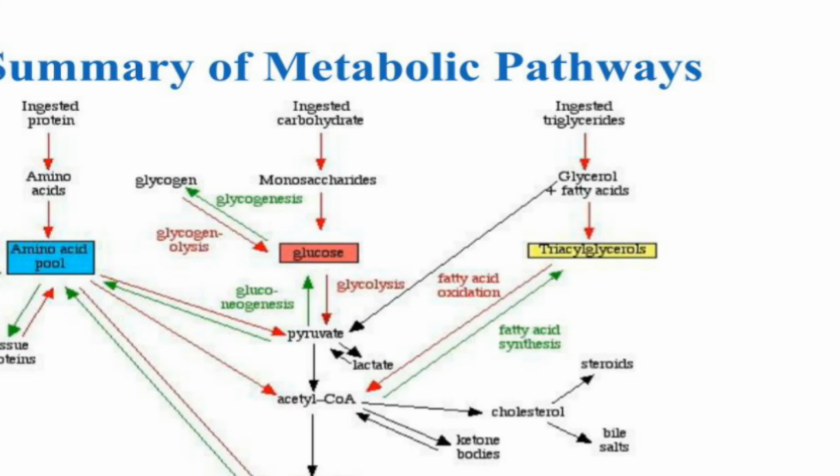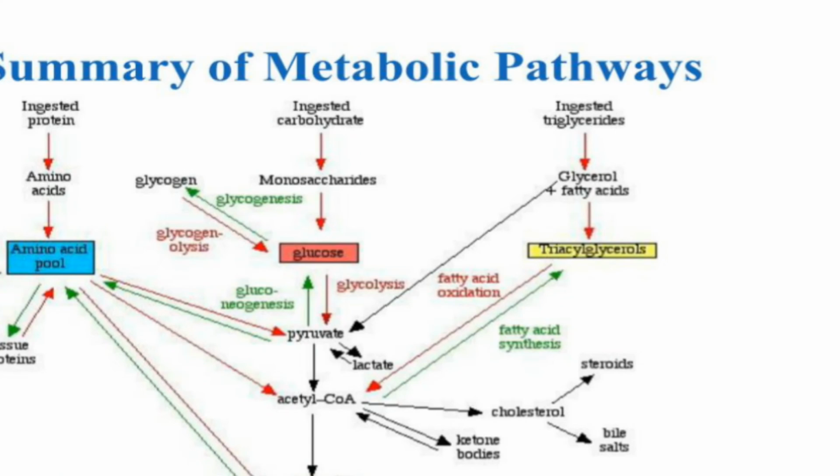Under glycogenesis, all glucose is converted into glycogen by the hormone called insulin, which is produced by the beta cells of the islets of Langerhans found in the pancreas.